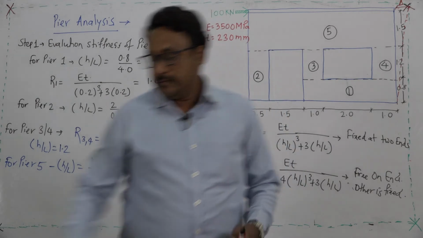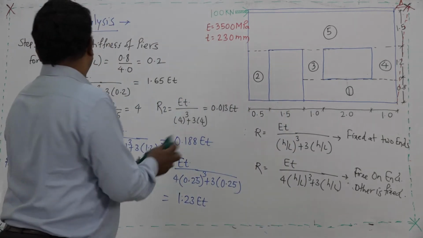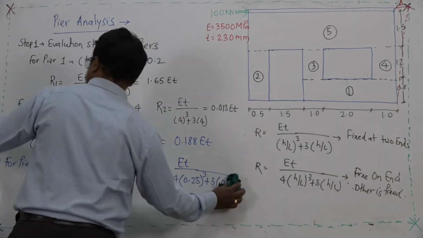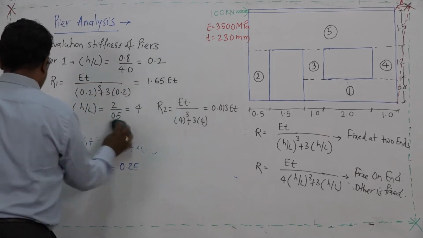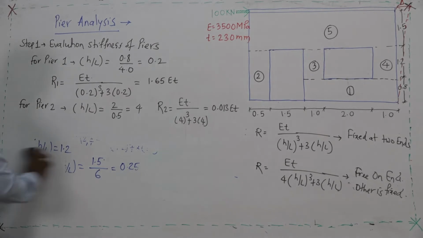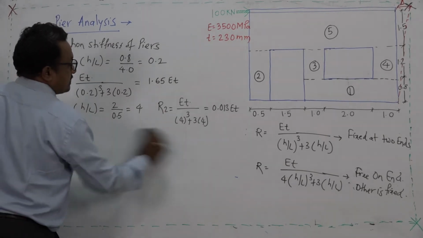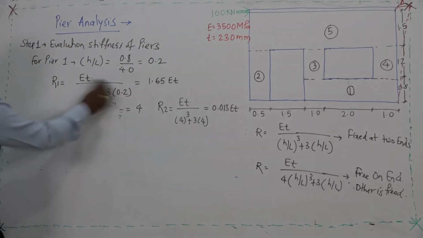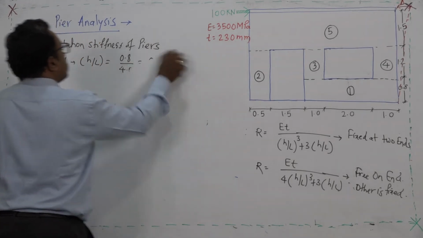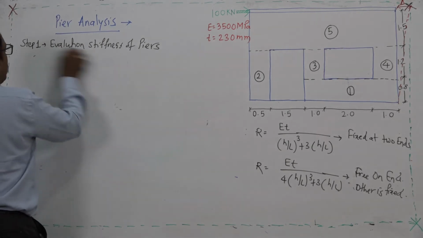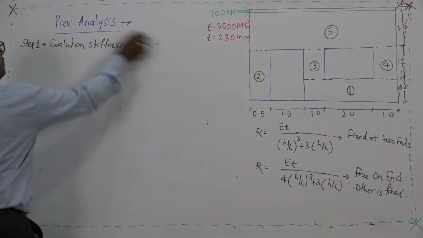So, the step number 1 is over. So, in step number 1 we have tried to quantify the stiffnesses of different piers. So, in our case we are having the 5 piers. So, these 5 piers we have quantified in step number 1.